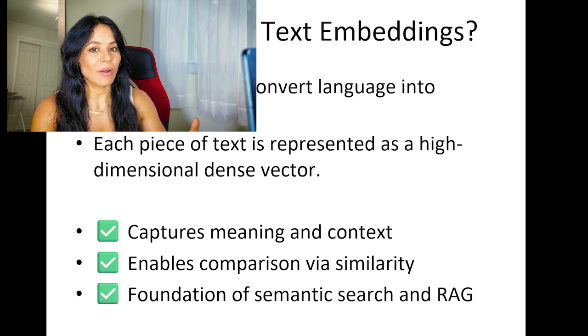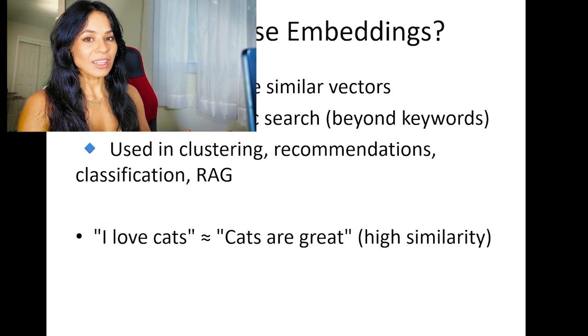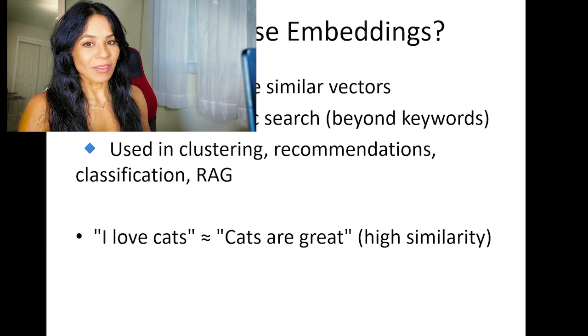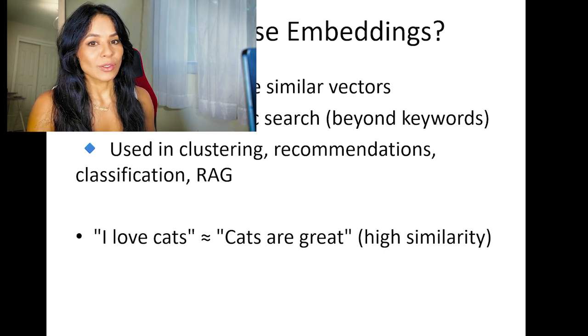So that's why we are mapping the sentences, the documents, and everything to numerical values, so we can use mathematical functions such as cosine similarity to find the similarity between documents that are represented as numbers.